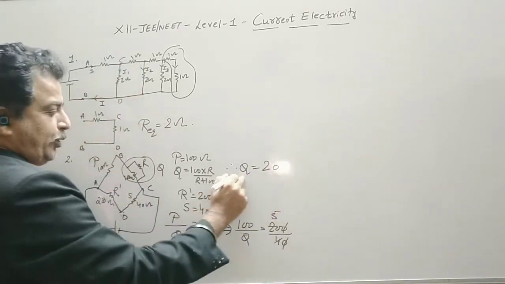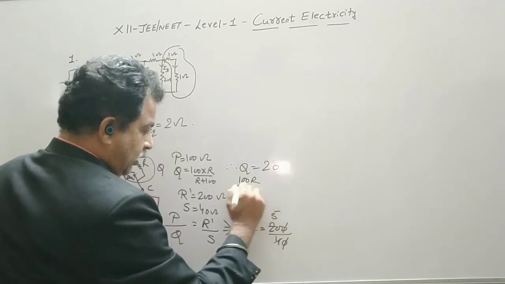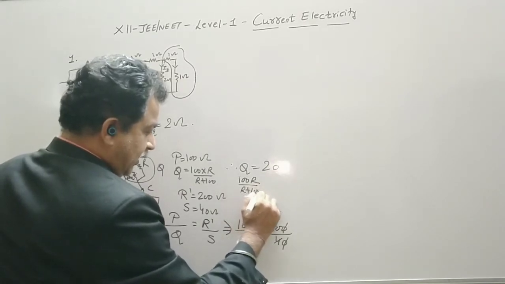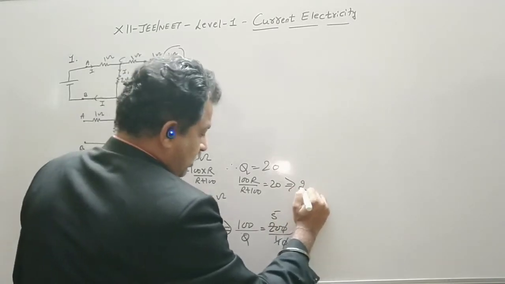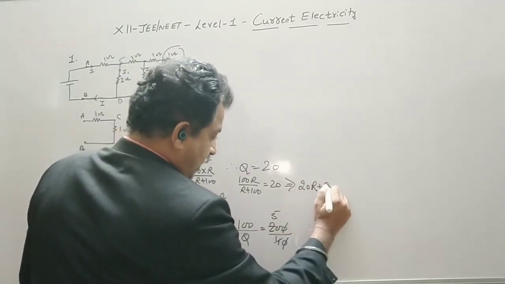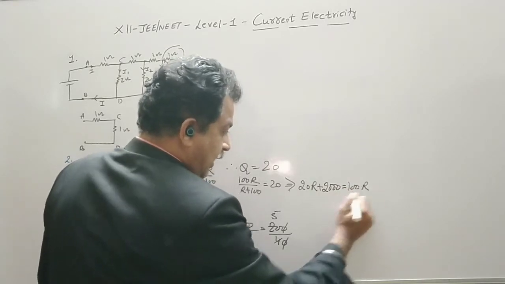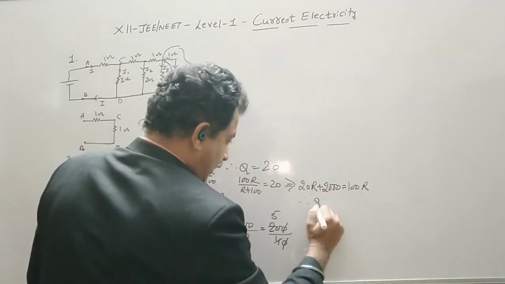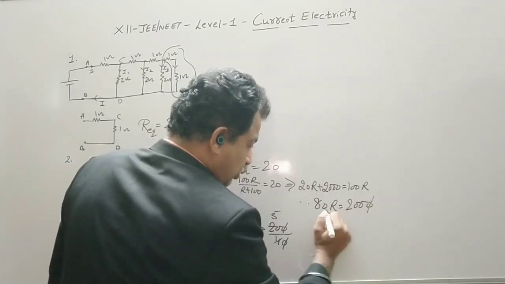Now let us substitute the value of Q. So it becomes 100 R upon R plus 100 is equal to 20. This implies 20 R plus 2000 is equal to 100 R. Therefore, 80 R is equal to 2000.